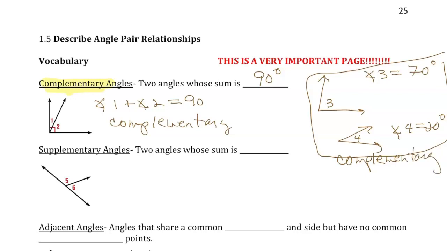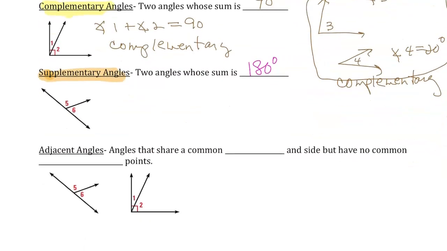Okay, another word, supplementary. Supplementary means the angles sum to 180 degrees. So here are two angles, 5 and 6. They're on a straight line, so angle 5 plus angle 6 will equal 180 degrees. Just like complementary angles, supplementary angles don't have to be adjacent.